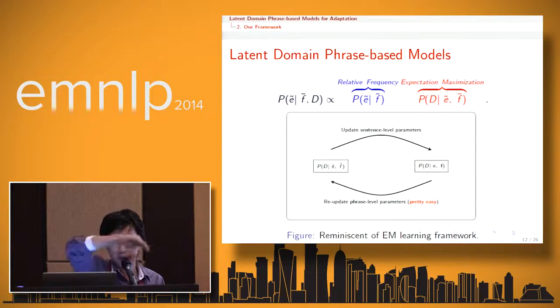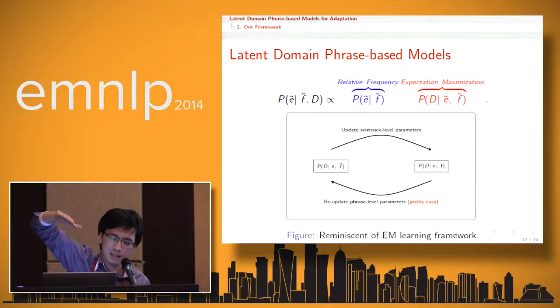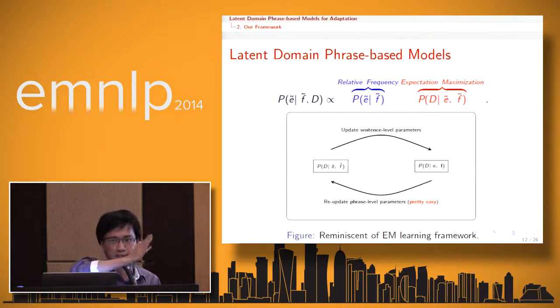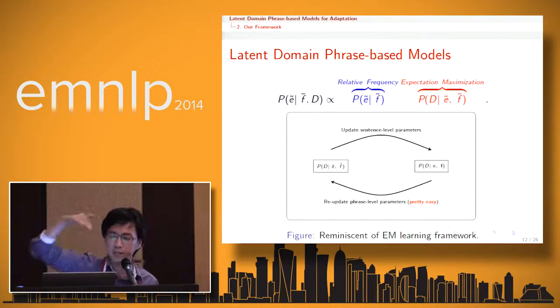The first step, using P of D given phrase to update P of D given sentence, is not easy, I have to say. But the other step, using P of D given sentence to update P of D given phrase, is pretty straightforward. We just use P of D given sentence to softly fill in the value of D and then estimate P of D given phrase.